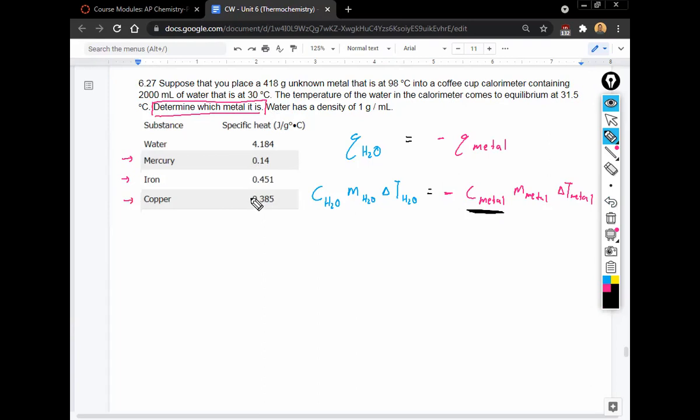If they're trying to figure out what metal or what substance something unknown is, they sometimes put it in a calorimeter and calculate it. Based on the specific heats that we know, we can figure out what that compound is. So we're going to be calculating the specific heat of the metal, and that'll let us figure out which metal it is. Any questions about that? Yes.